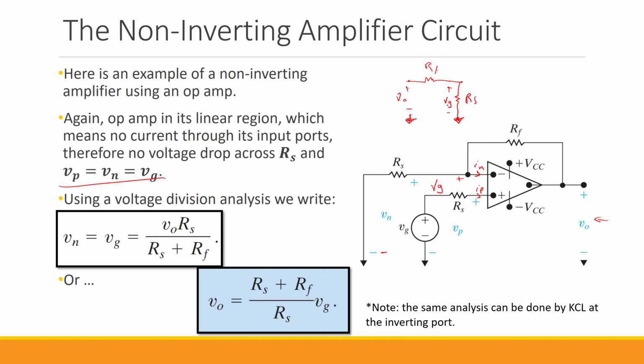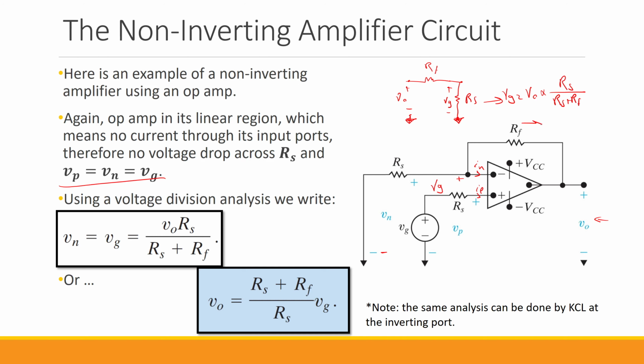So now if we know this, this is basically a voltage divider circuit. So the value for Vg is Vo multiplied by Rs divided by Rs plus Rf.